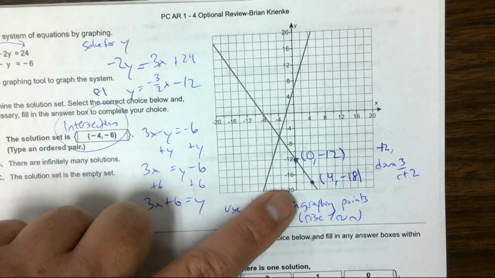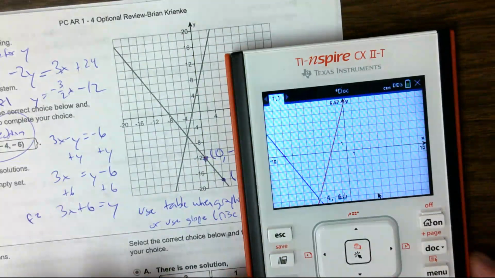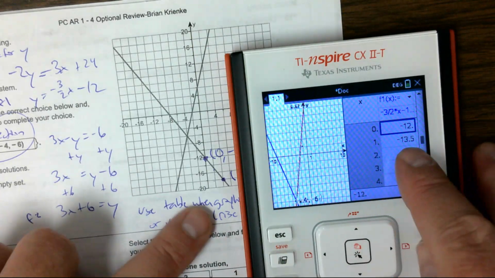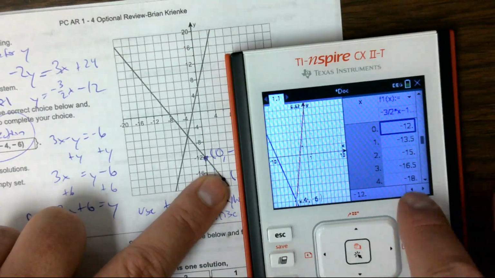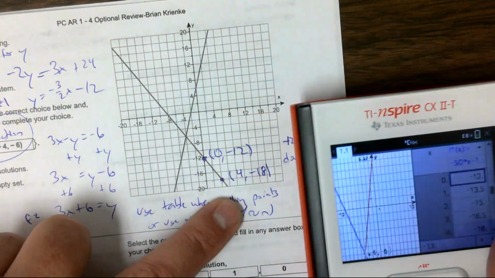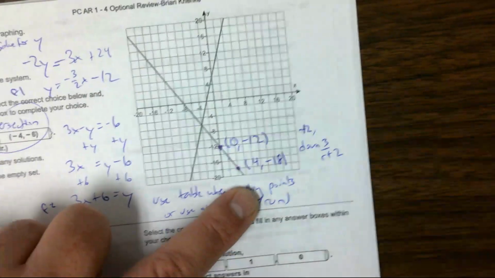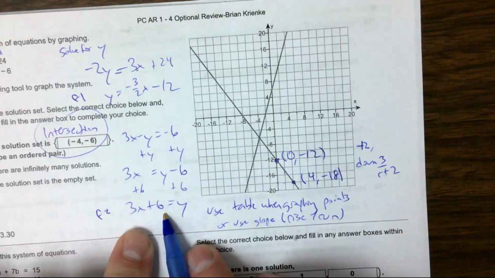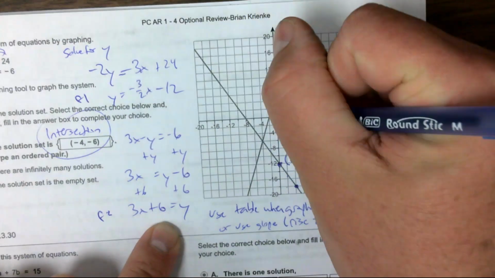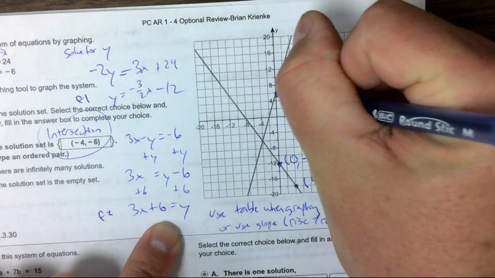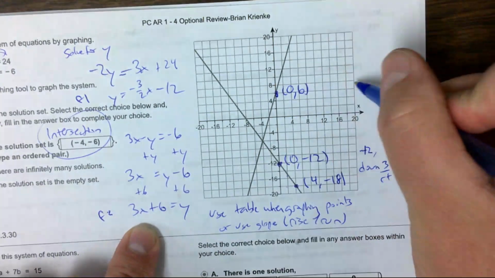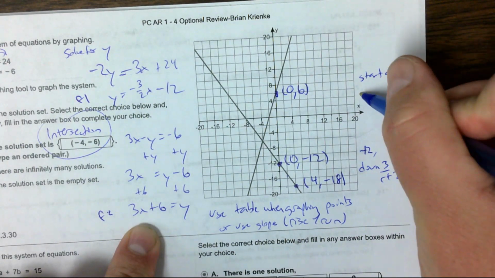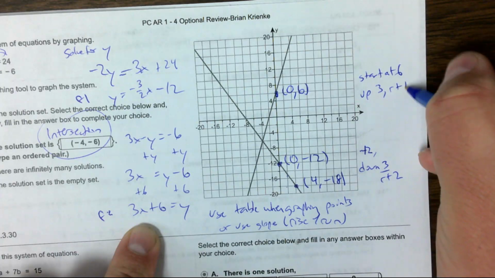So again, if you just want to go to your table and get that, for the first one, there's the (0, -12), and there's the (4, -18). Okay, and then you would do the same thing for this one. Start at (0, 6), and you want to go up 3, so start at 6, and then go up 3, right 1.